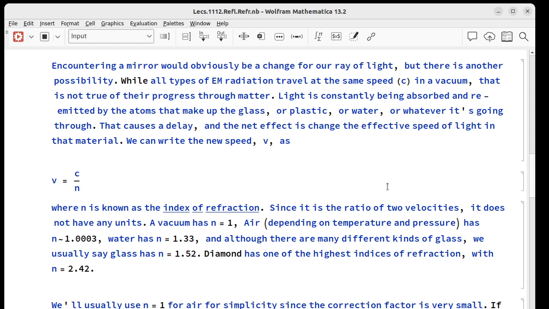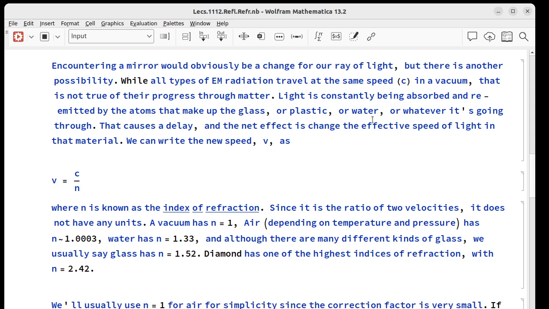That's not true if they're traveling through matter. Light gets absorbed and re-emitted by the atoms in whatever, glass, plastic, water, whatever, and that causes a delay and it slows it down. And the net effect is a change in the effective speed of light in that material.